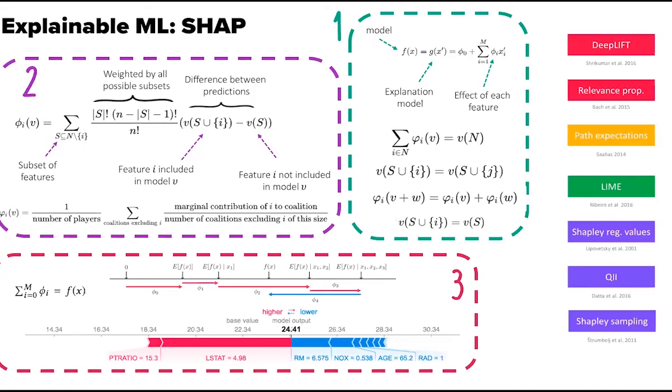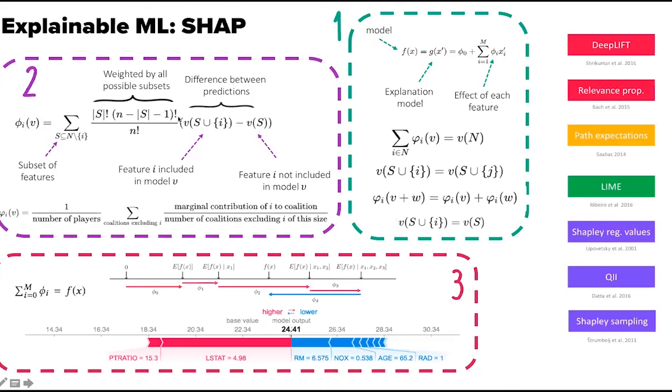So this is the theoretical part which underlies these libraries and the SHAP library. And this is how the SHAP value is calculated. Here is the effect of each feature, and we have a subset of all the other features, not including this ith feature. Here we have the resulting prediction of the model when feature i is included, and here we have the prediction when feature i is not included in the subset of features.